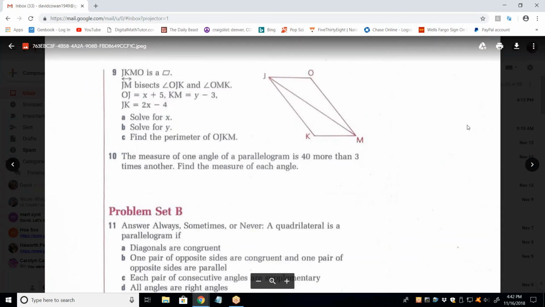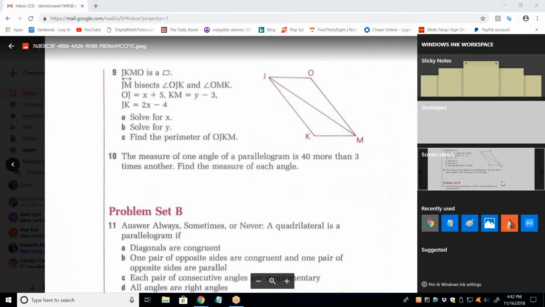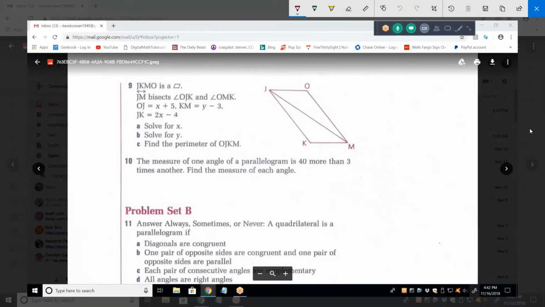Which one? Number 9, yeah. Okay, that big thing, it looks like a parallelogram. JM is a diagonal which bisects both of those angles.